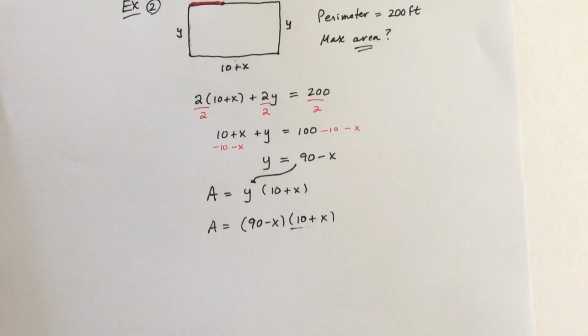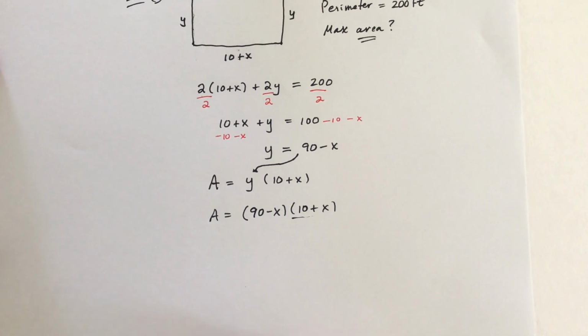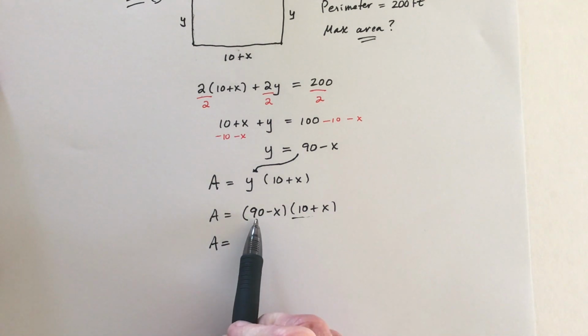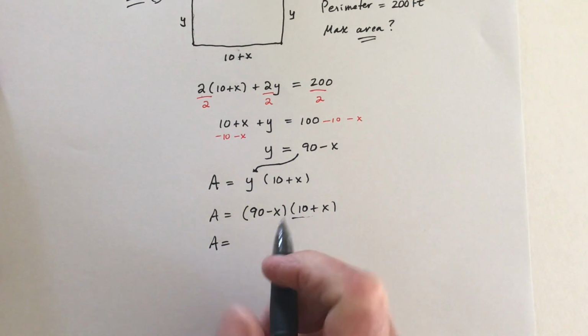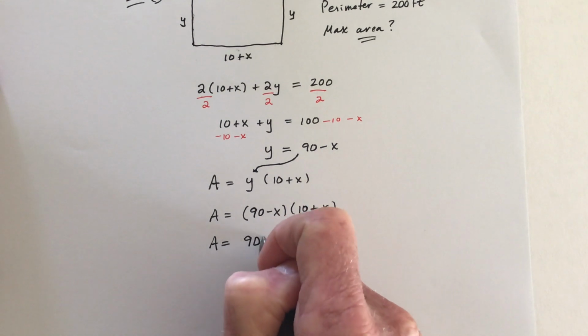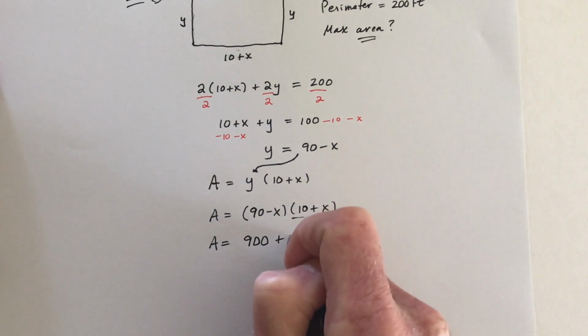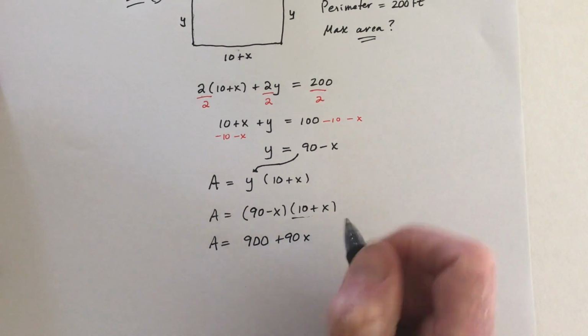And I could go ahead and take the derivative with the product rule and then do algebra, or I could do algebra first and then the product rule. I'm going to do algebra first. So distribute. 90 times 10, that's 900. 90 times an x, that's going to be plus 90x.